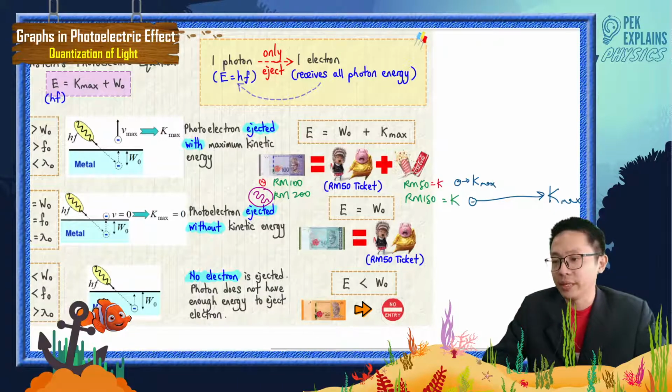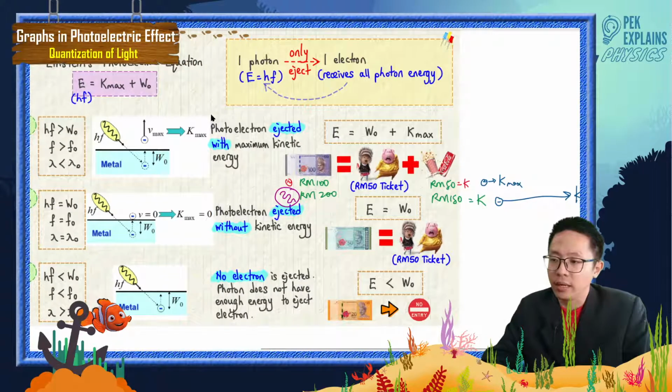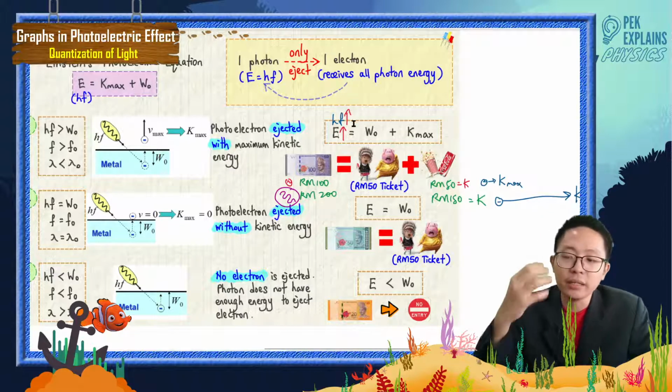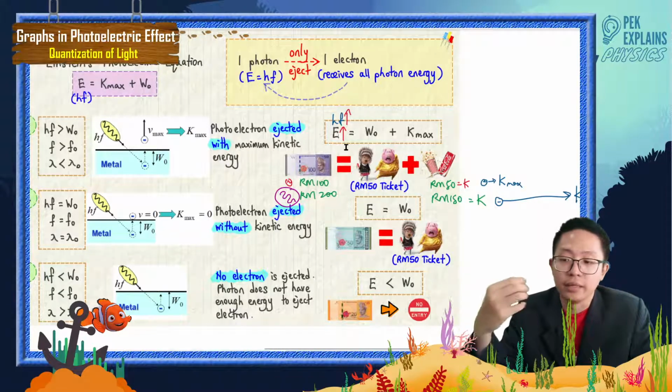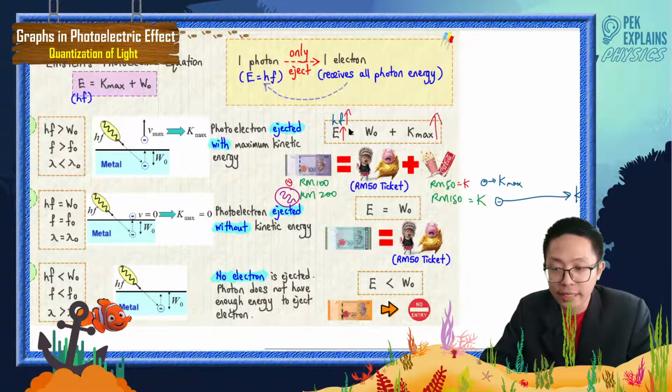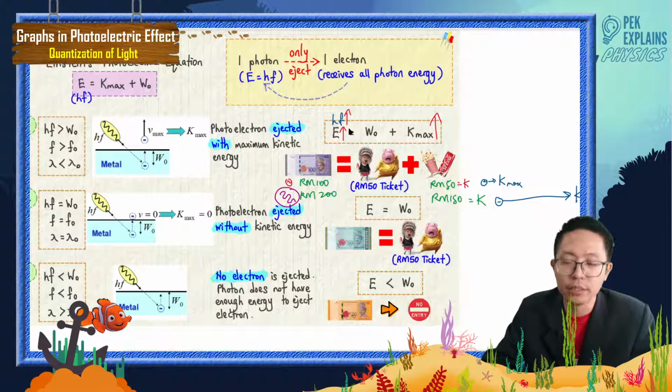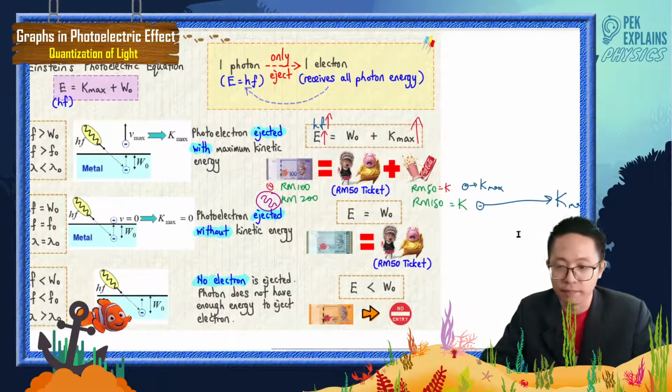So we can say this is E equal to hf. The higher the frequency of light, the higher the energy of each photon. So the higher the kinetic energy of each ejected electron.